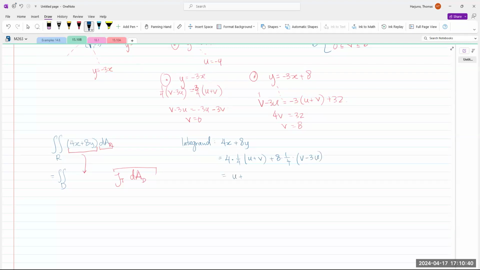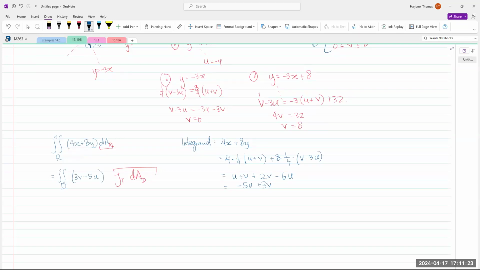This is u plus phi plus 2 phi minus 6u. Am I right? That will be negative 5u plus 3 phi. Why do I feel like something is not right? Negative 6, yeah, that's right. So the integrand now becomes 3 phi minus 5u.